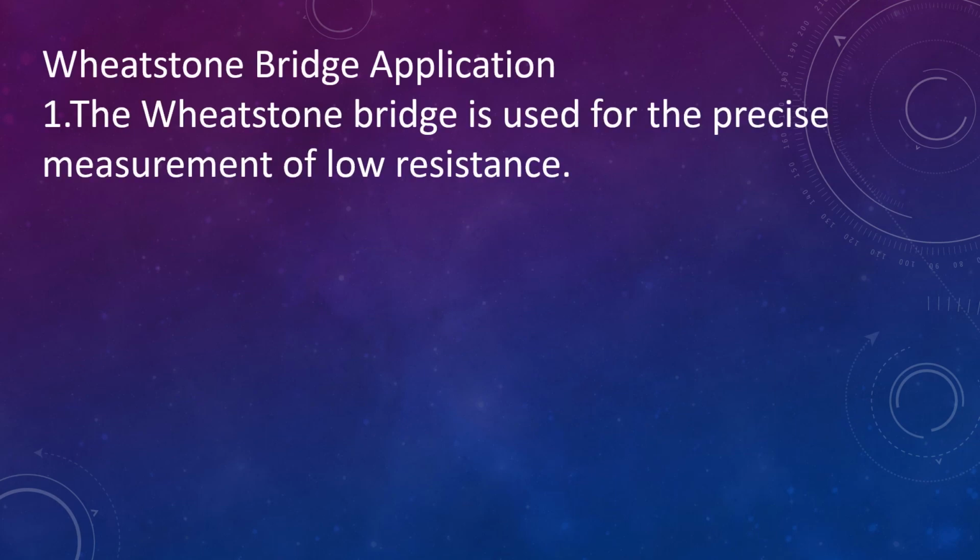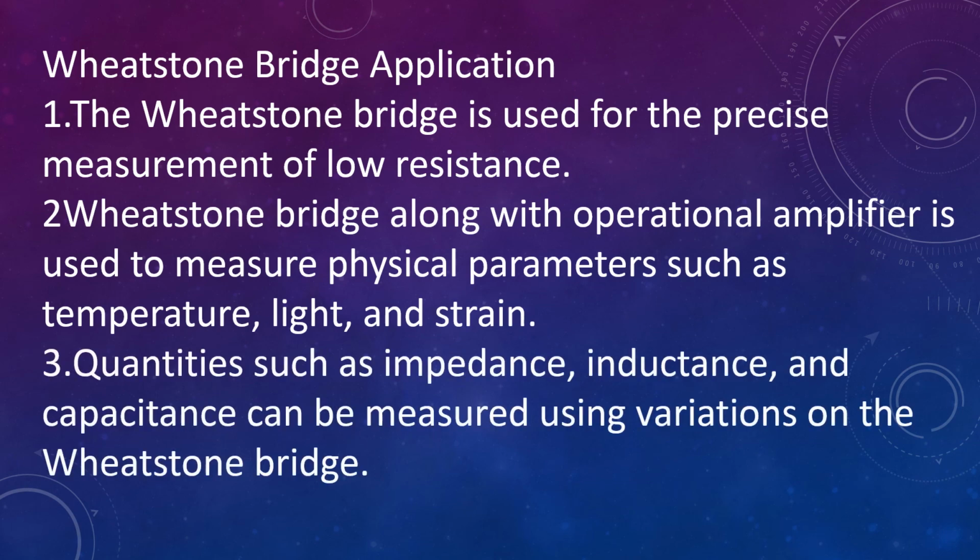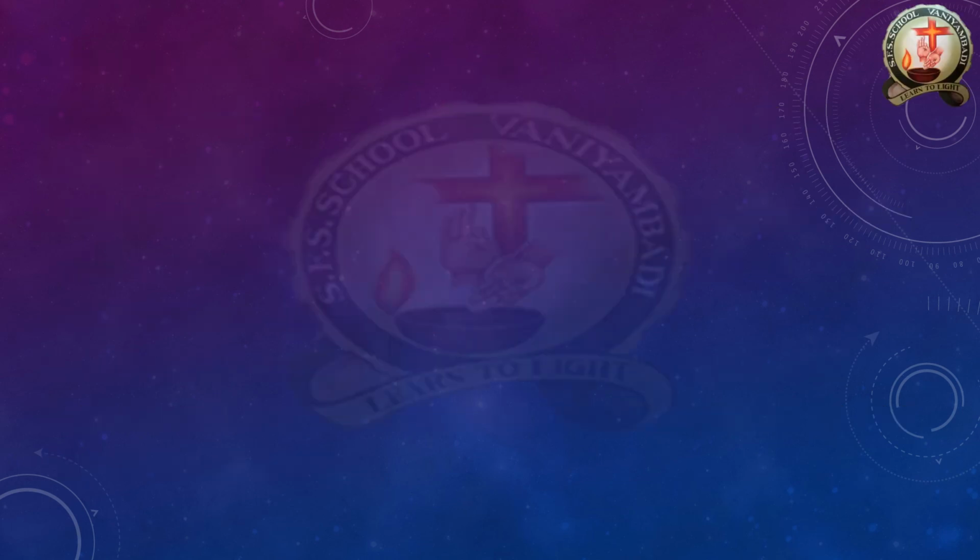So applications: Wheatstone bridge is used for the precise measurement of low resistance for the very dilute condition of electrolytes. Wheatstone bridge along with the operational amplifier is used to measure physical parameters such as temperature, light, strain, and quantities such as impedance, inductance and capacitance. These are not coming in your physical chemistry, sorry, physics. You can understand what this is.